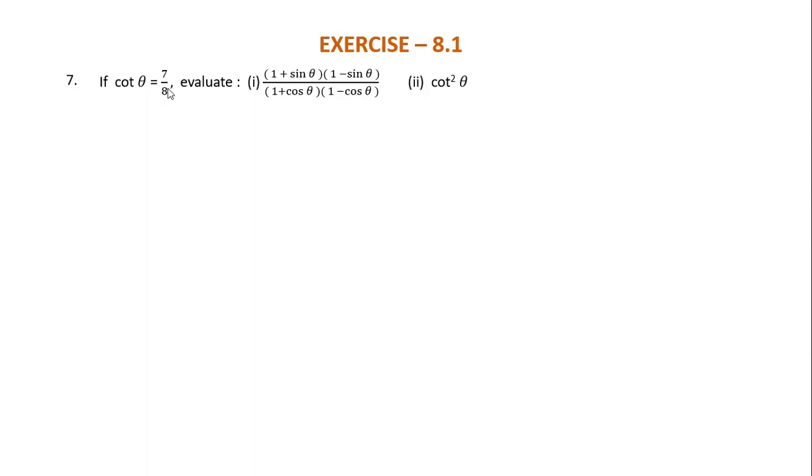Seventh question. Cot theta is 7 upon 8. You have to evaluate, that means find the value of this expression and find the value of cot square. Now, this is the figure. Cot theta is 7 upon 8, which is given.